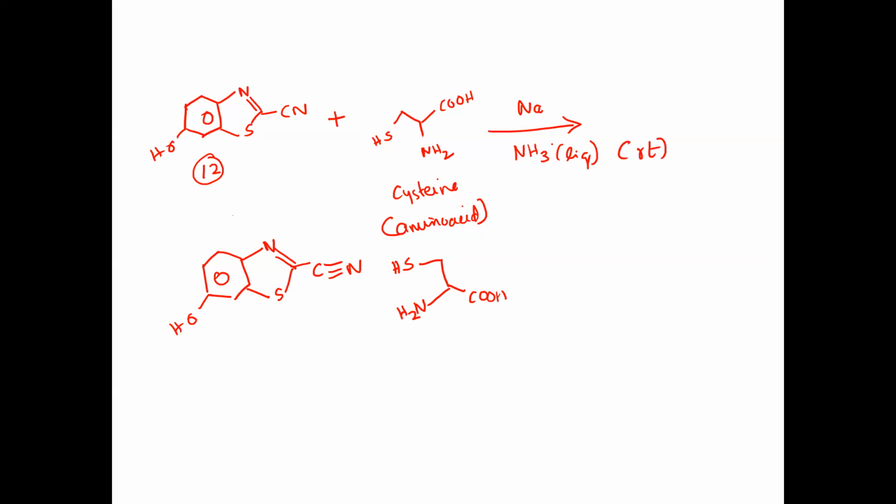What will happen is that there should be a new ring formation, and there is a carbon nitrogen bond here. This nitrogen and these hydrogens will go out as ammonia. As a result, what we get is this: there is OH, there is N, there is sulfur, a double bond here.